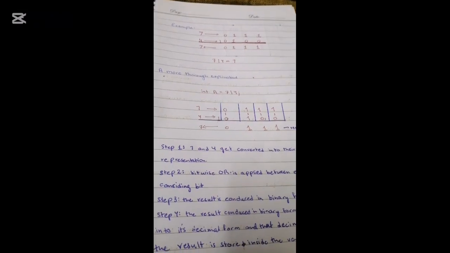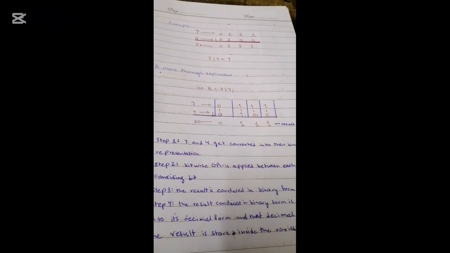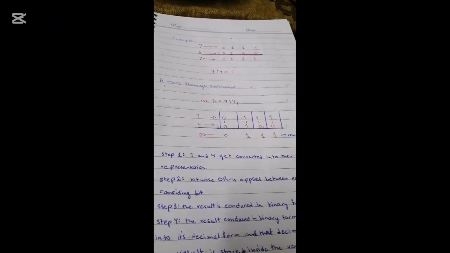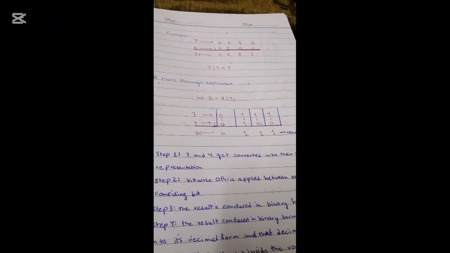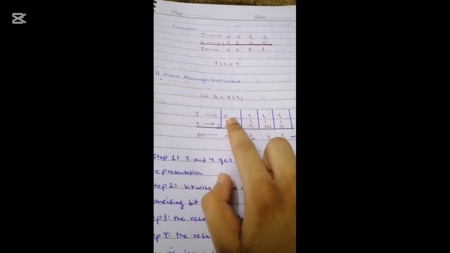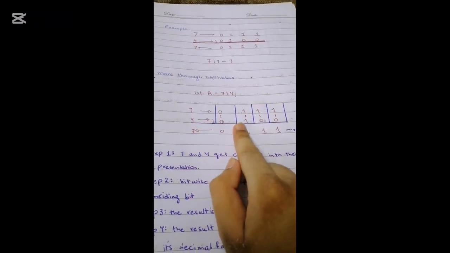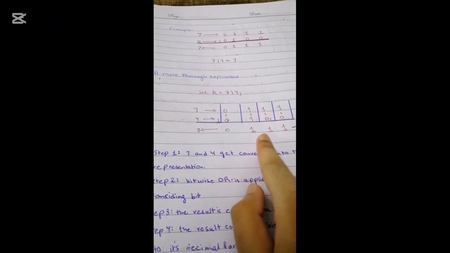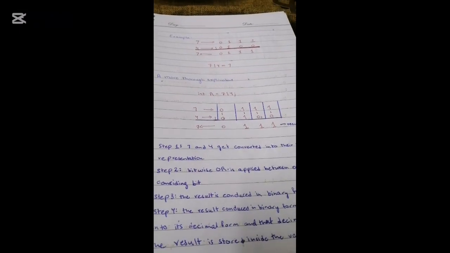As you can see, the first step is 7 and 4 get converted into their binary representation or their binary form. As you can see, 7 got converted into its binary form and 4 also got converted into its binary form. The computer will do all of this, by the way. Step 2.